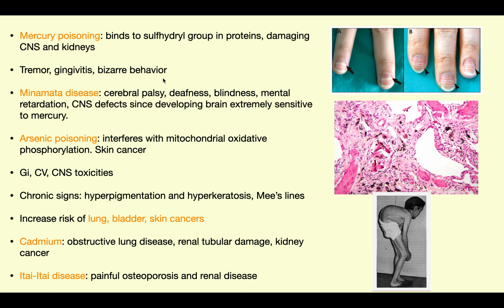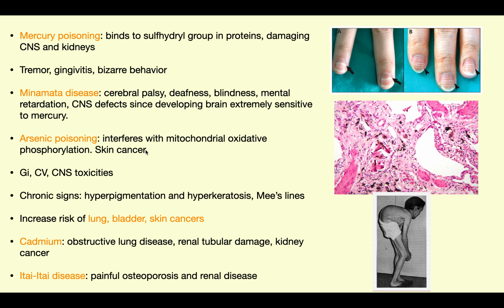So I didn't do a lot of research in that, but I think it's going to be like salmon, anchovies, fish like that. But you have to be very, very careful. Minamata disease is a disease found in Japan, and they discovered that cerebral palsy, deafness, blindness, and mental retardation, CNS defects occur when mothers are exposed to mercury, and this is what their children develop.